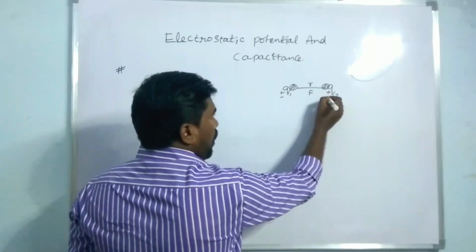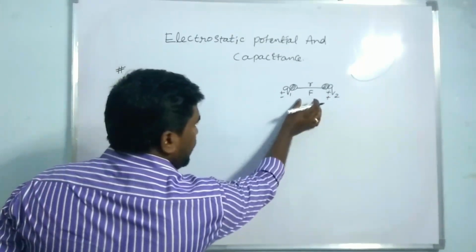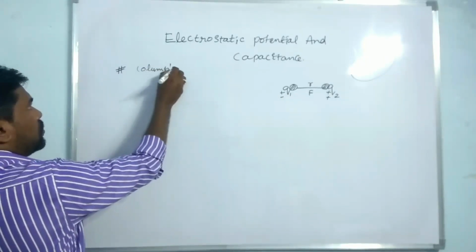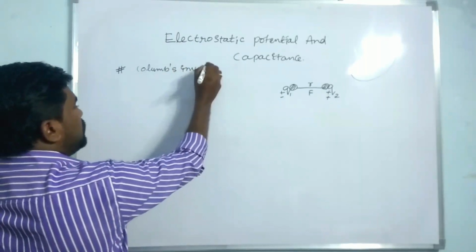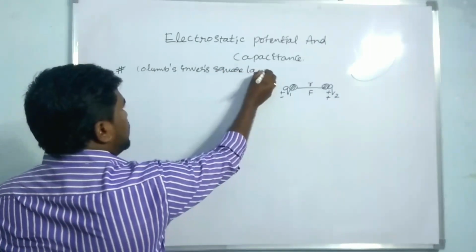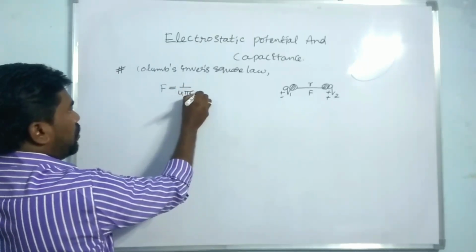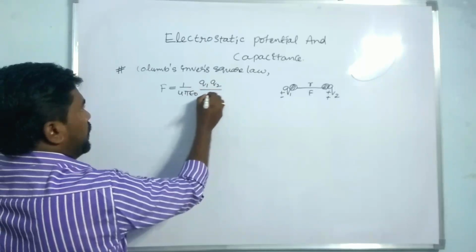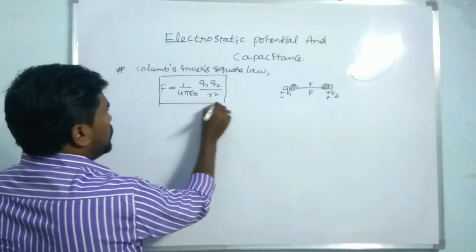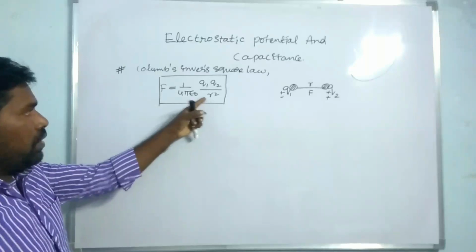If the two are opposite charges, then the force of attraction will be acting. By Coulomb's inverse square law, we can write this force as F is equal to 1 by 4 pi epsilon naught Q1 Q2 by R square. So this is the force acting between any two charges at a distance R.